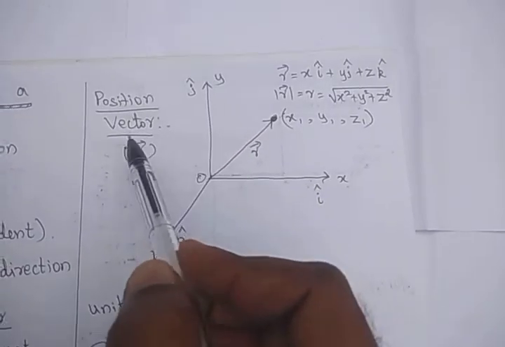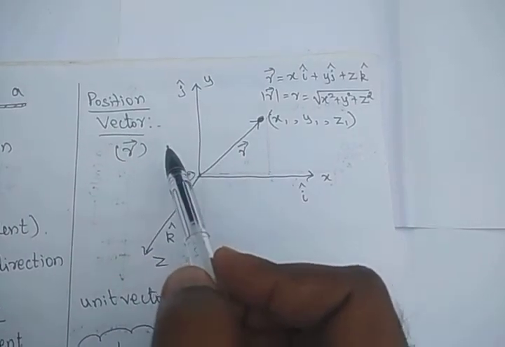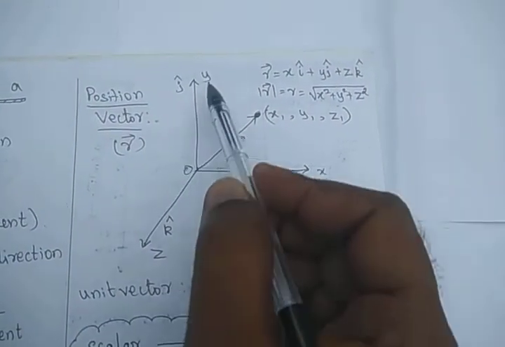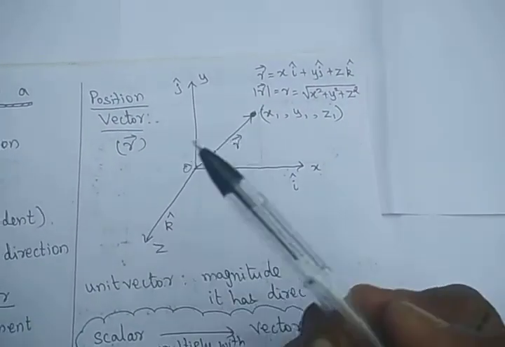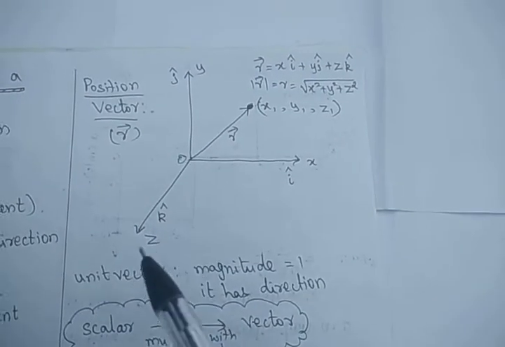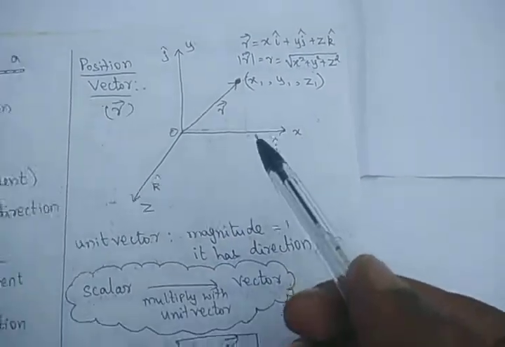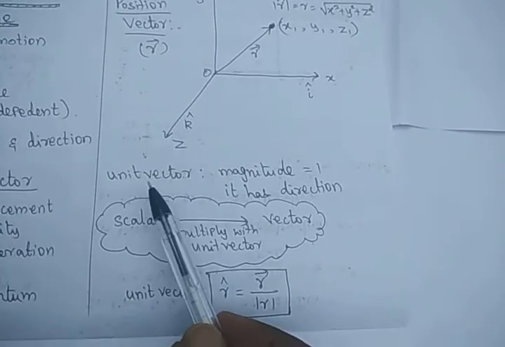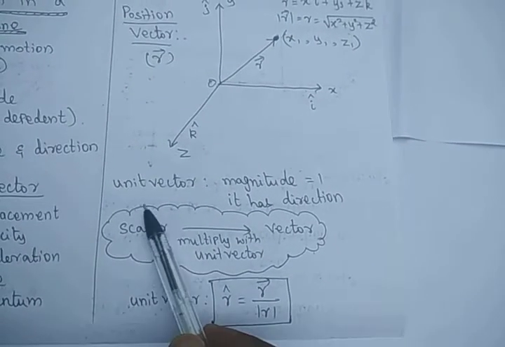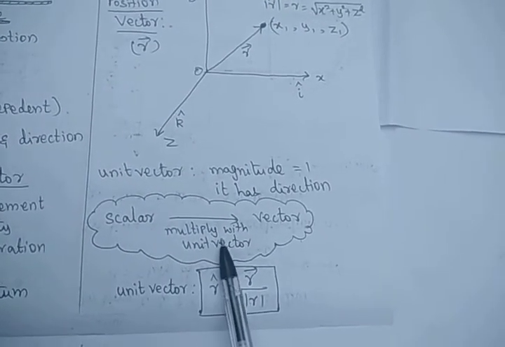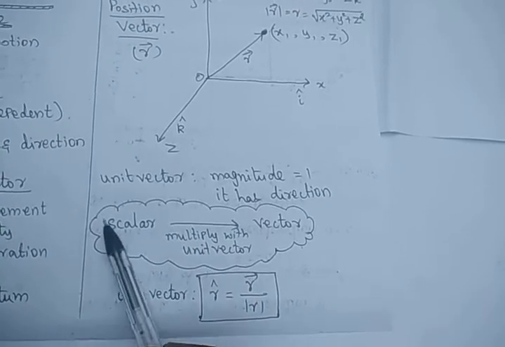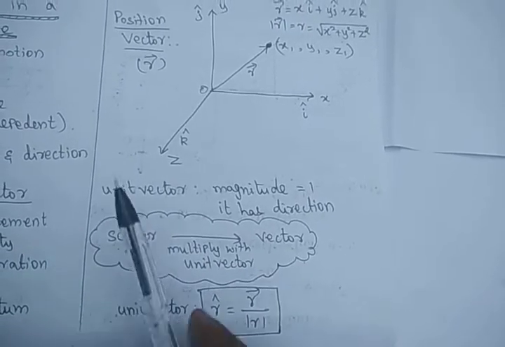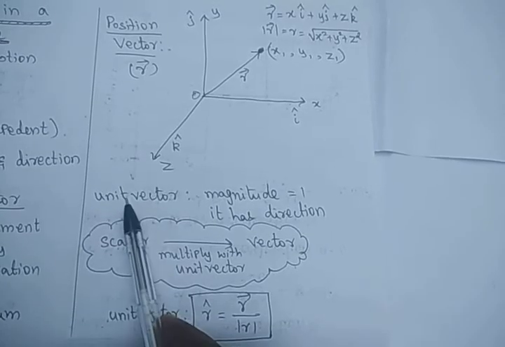Now what is the position vector, sir? Now we have to change these x, y, and z coordinates into vector coordinates. How can we change a scalar into a vector? Very simple. When a scalar is multiplied with a unit vector, the scalar becomes a vector. What is a unit vector?